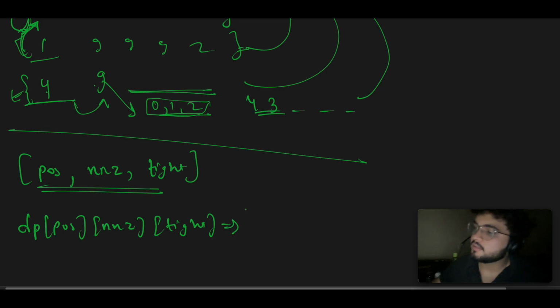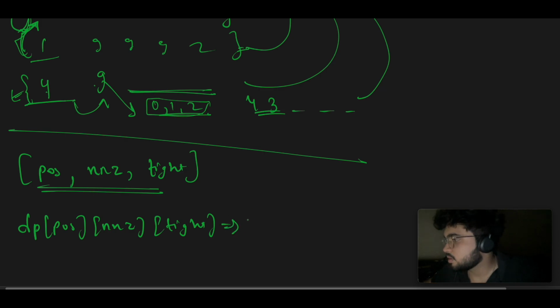This will signify how many numbers satisfy the property till position equals pos, when non-zero numbers are this much and the tight is this much, right?